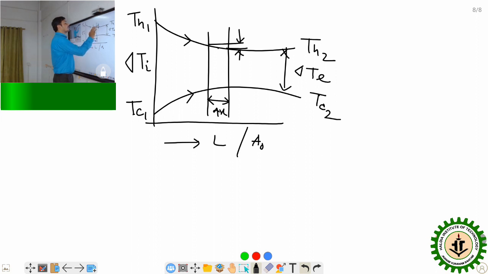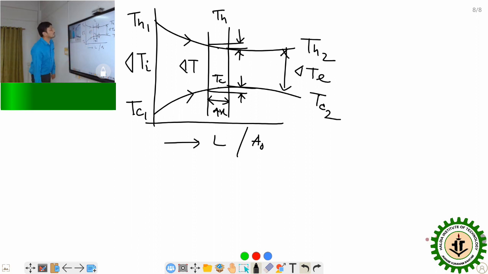The average temperature of the hot fluid within this element is TH, and the average temperature of the cold fluid is TC, and their difference is denoted as del T.